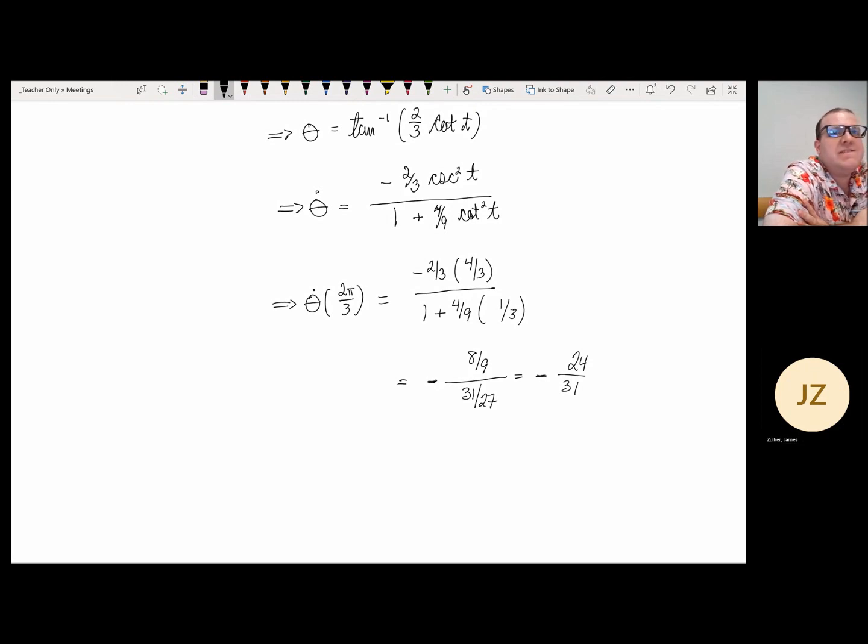Units. For the units, radians per second.